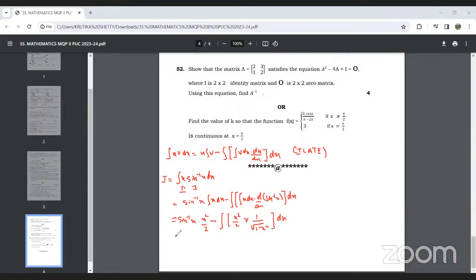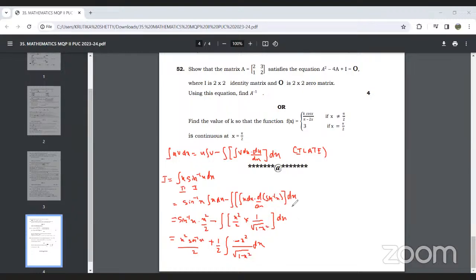Now we will simplify this part. x square sine inverse x upon 2 as it is. Now I will take out 1 by 2 common, and the minus sign I am shifting inside, so it will be x square upon 1 minus x square dx. We shifted this negative sign just to make the adjustment for root 1 minus x square.